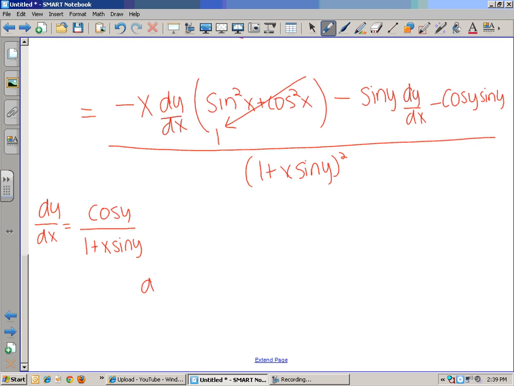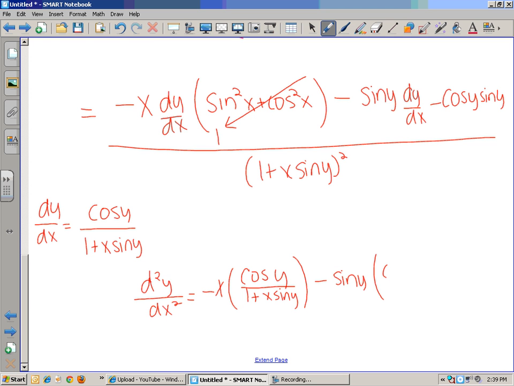So remember, the second derivative of y with respect to x is what we were looking for. So negative x times cosine y over 1 plus x sine y. And for the record, I would not make you do more simplification than getting it back to checking your first derivative and then your second derivative, okay?